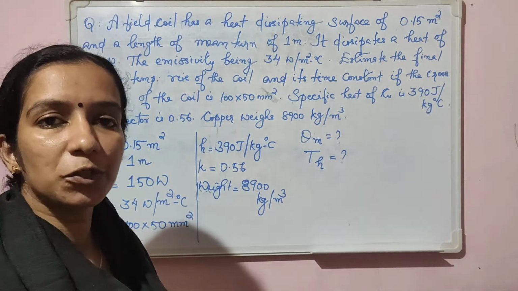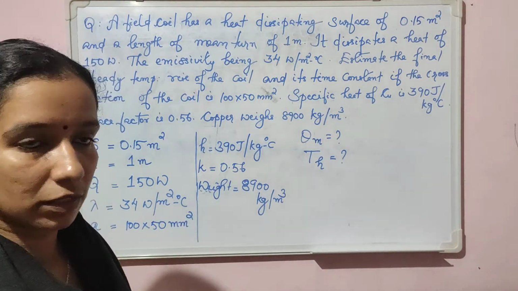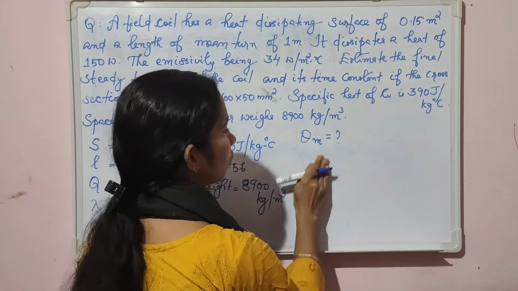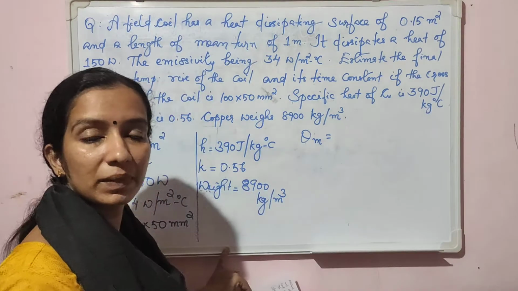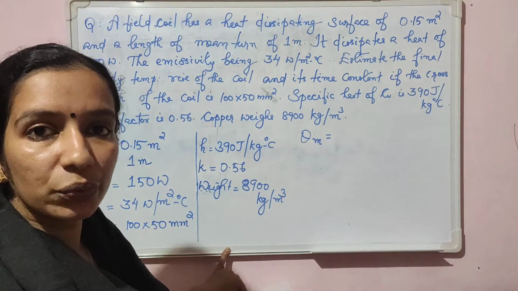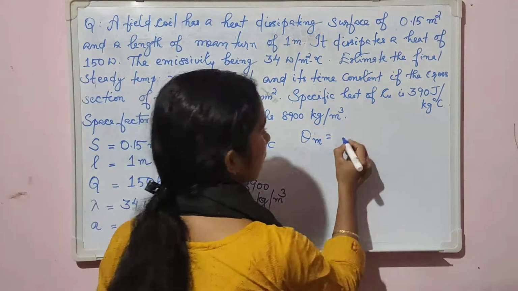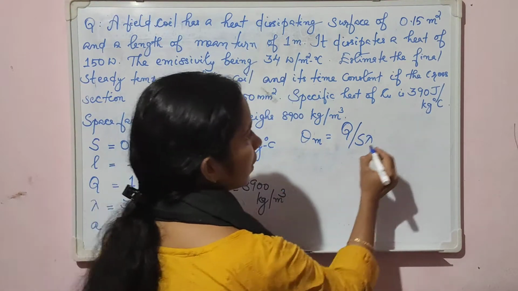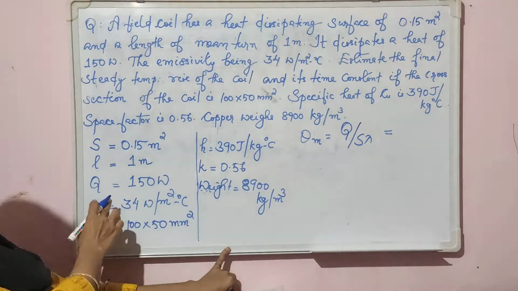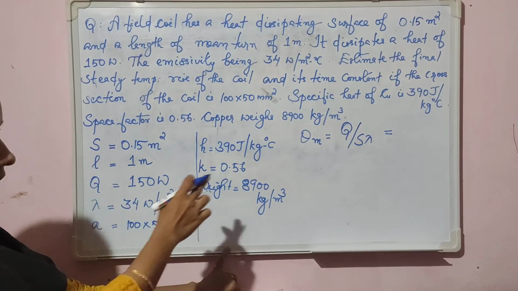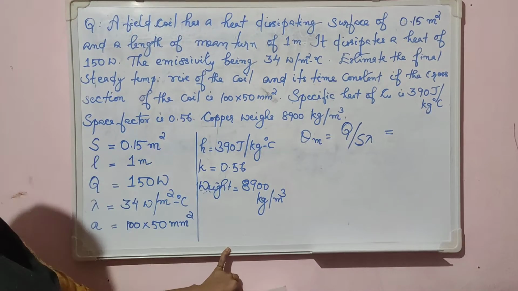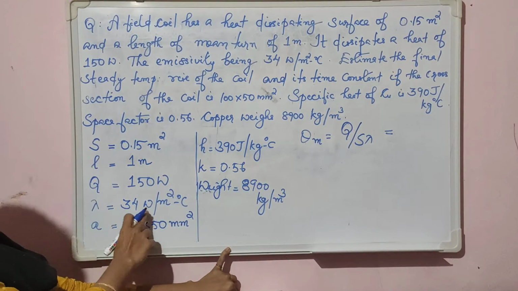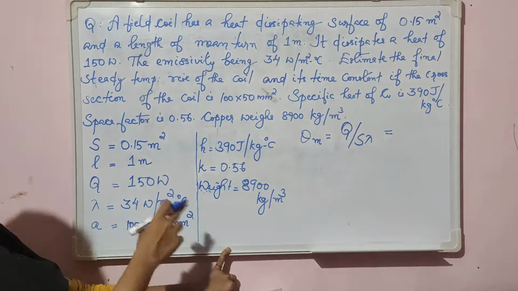So let us substitute the equations for these parameters. So what is the equation for theta m? Theta m is equal to Q divided by S lambda. So Q is given as 150 watts. Then S, dissipating surface area, is 0.15 meter square, and lambda, the specific heat dissipation or the emissivity, is 34.